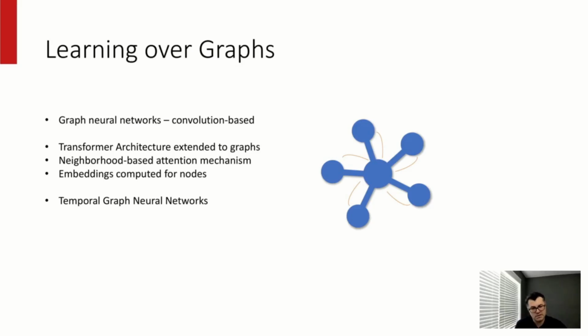They're based on convolutions, but they're looking at the neighborhood. And then lastly, there are also temporal graph neural networks, for when I have a structure that changes over time and I want to model that. So there are neural networks that are able to do this. And if we want to start fusing things, that can be important to know. So I would advise you to read up a little bit on these.